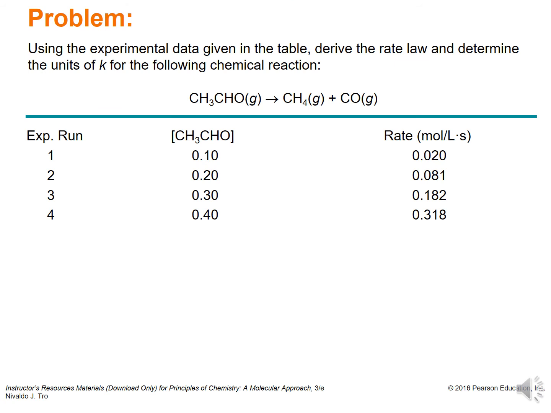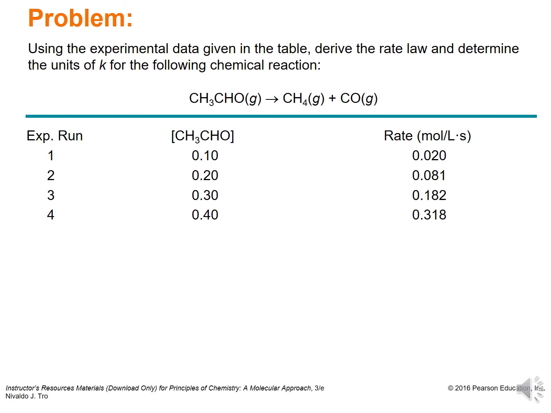Let's take a look at an actual problem and see how this all relates to order. Using the experimental data given in the table, derive the rate law and determine the units of K for the following chemical reaction. We have just one reactant gas. That's nice, that makes life actually much easier than usual, believe it or not. And it yields methane and carbon monoxide as products.